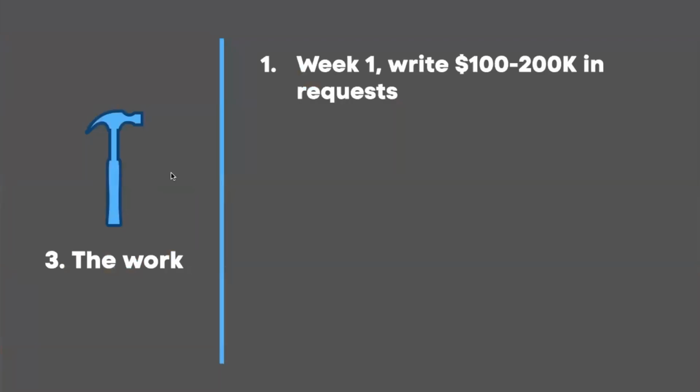Week number 1 of every single month, I'm going to write currently $100,000 to $200,000 in grant requests. So in months where there are a lot of them that are due based on specific due dates, I'm going to fill it up with those. On months where there aren't many that are due based on due dates, I'm going to fill it up with people that I can apply to at any time of the year when it's convenient.